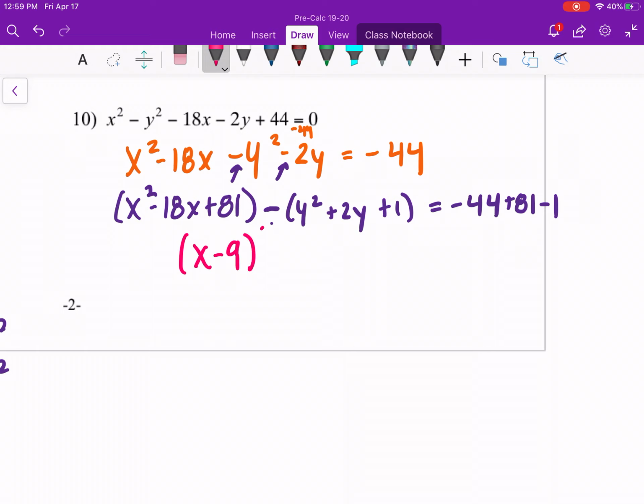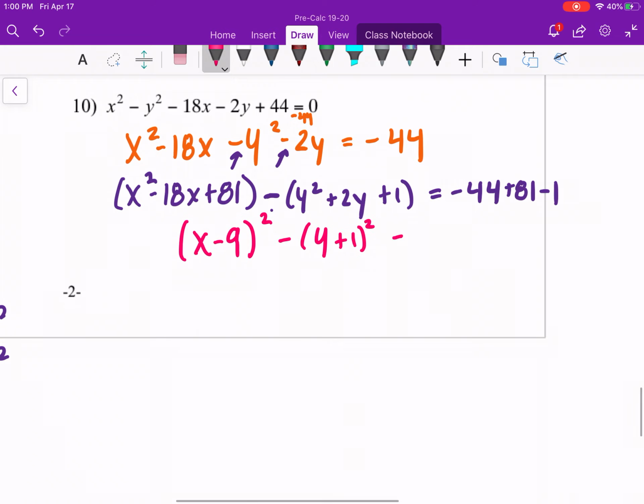So x minus 9 squared minus y plus 1 squared equals whatever 81 minus 45 is. And then you should have that sigh of relief when you type that in your calculator and all of this ugliness simplifies to a perfect square. That's just chef's kiss.